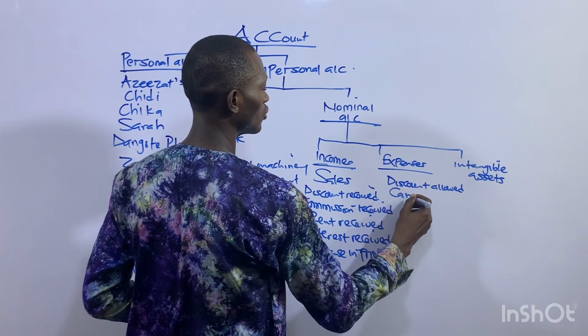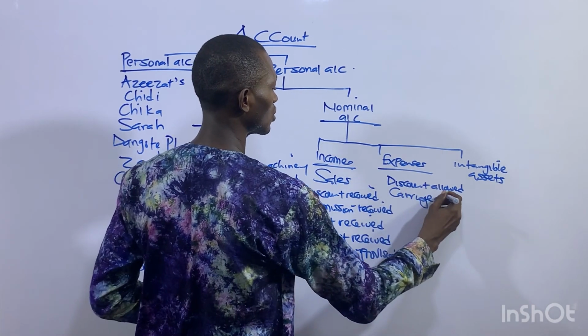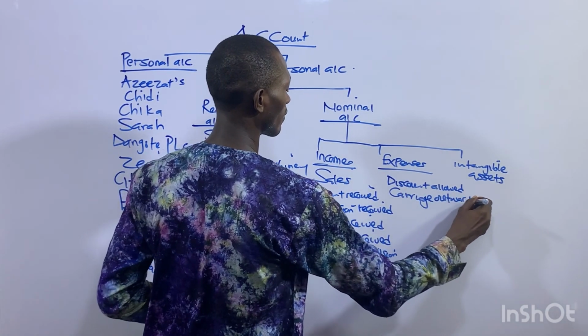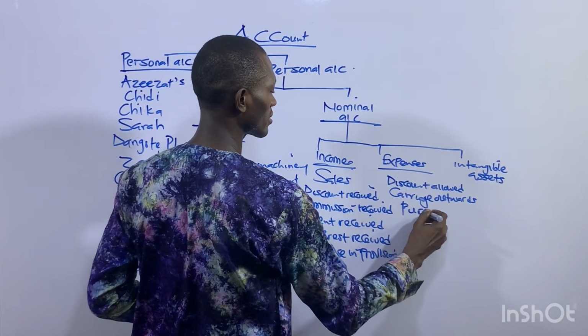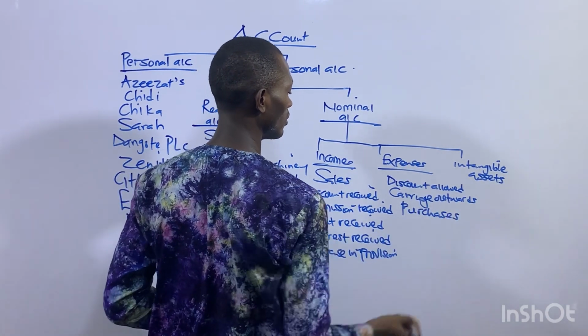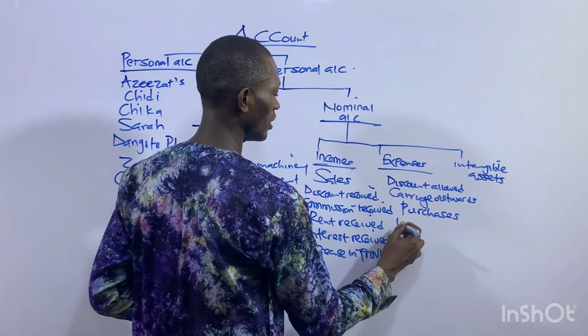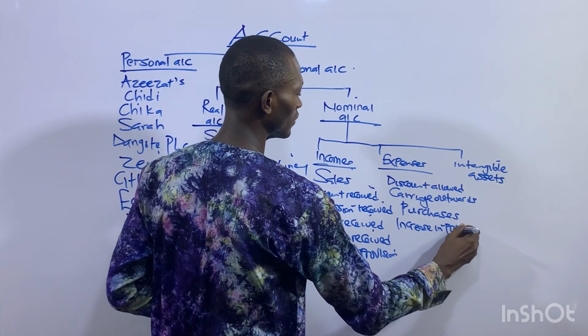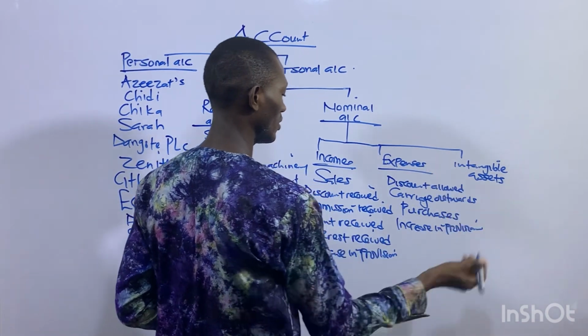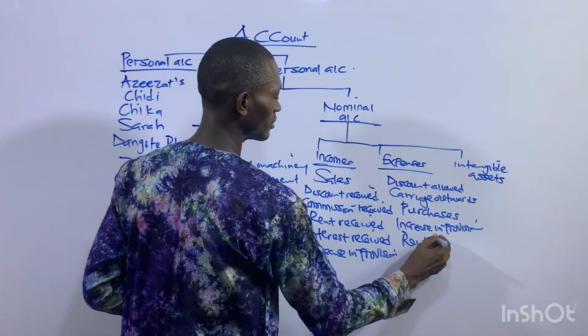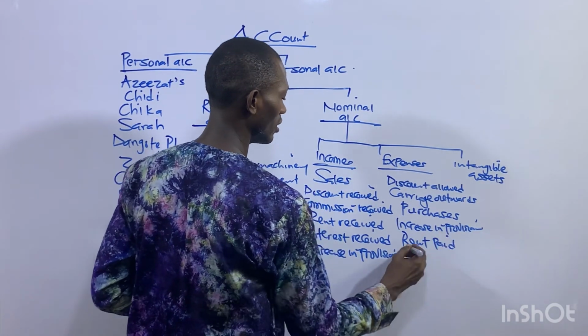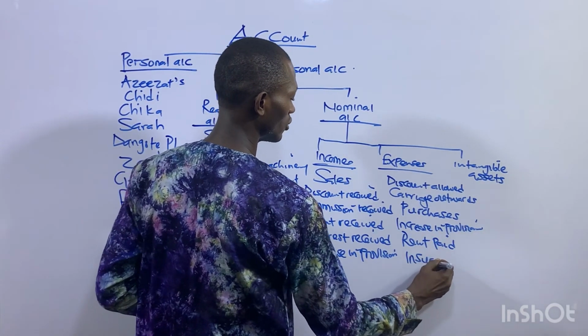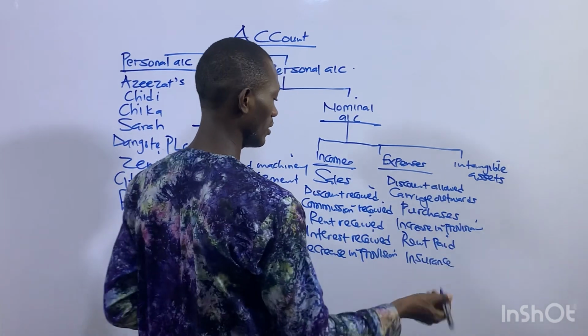We have carriage outwards. We could have purchases. We could have increase in provision, be it for bad debts. Then we have rent paid, insurance premium that you pay.